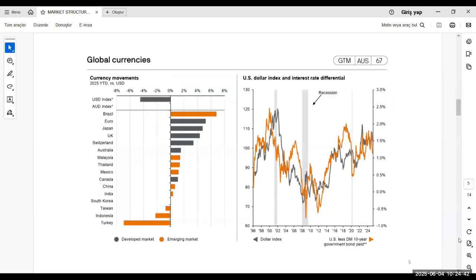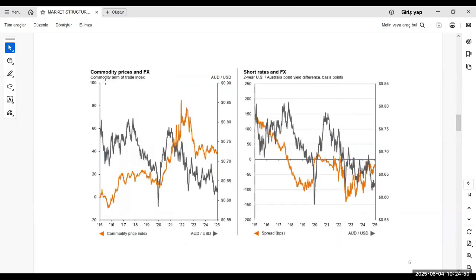Now, if you understand this global currency movement and their appreciation and depreciation story, let's continue with what can be other triggering points for some specific countries. For instance, Australia is one of the biggest commodity exporting economies.